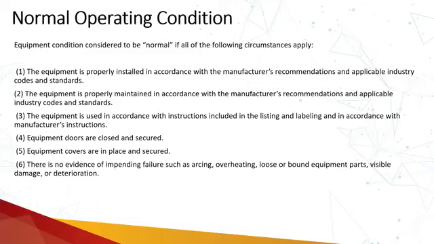For example, if the manufacturer says that the equipment should not be operated overloaded, like greater than 50% load or 80% load, then it requires that the equipment follows the manufacturer instructions.